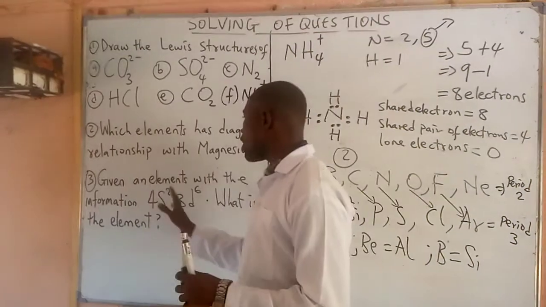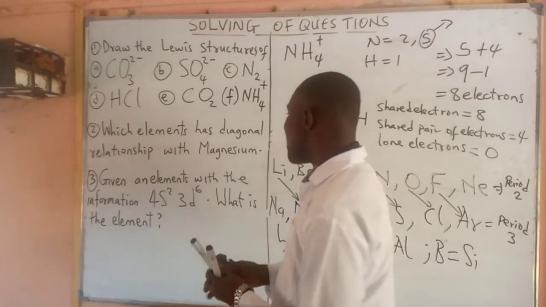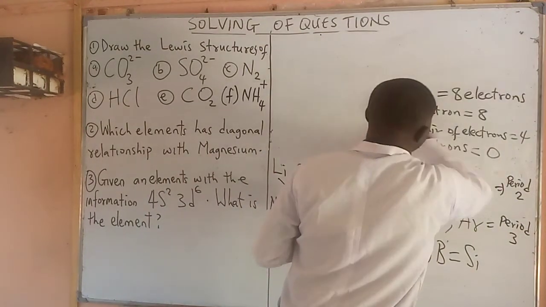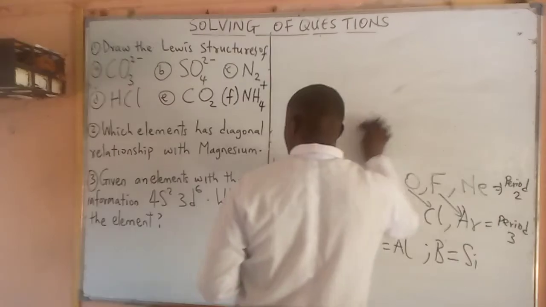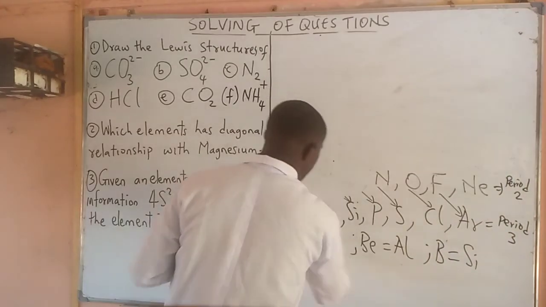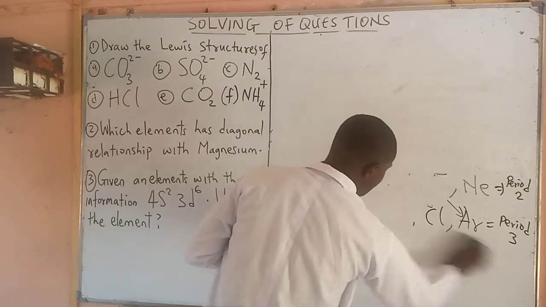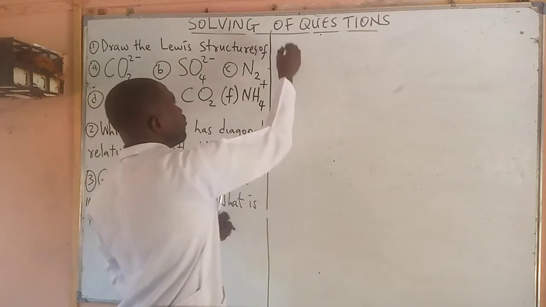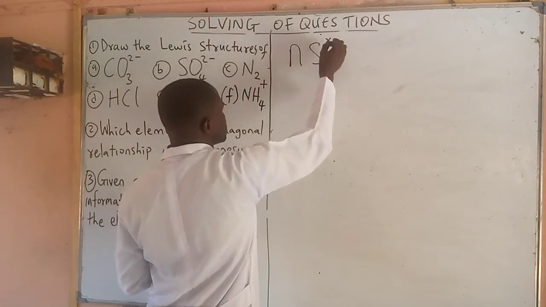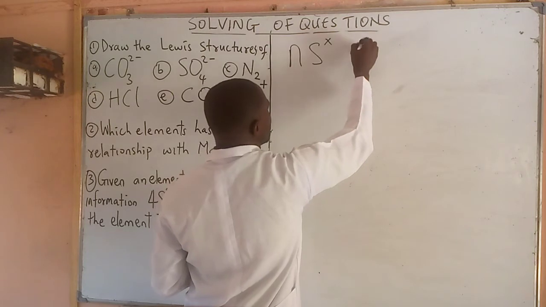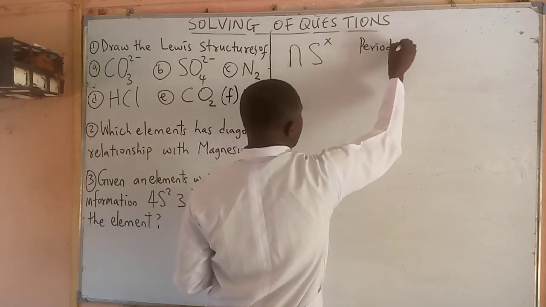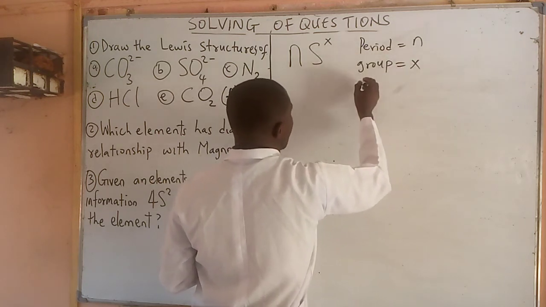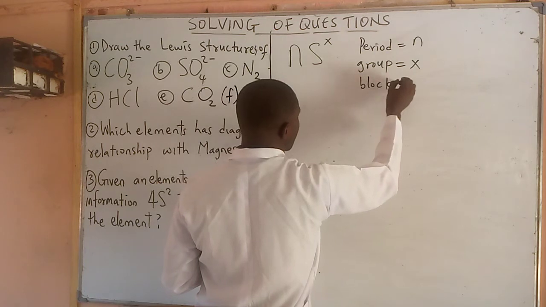We go to the last question on this part of the video. Given an element with the information 4s2 3d6, what is the element? What do we mean by this? Note that when they give you the information ns^x, the implication is that period equals n, group equals x, and block is s-block.